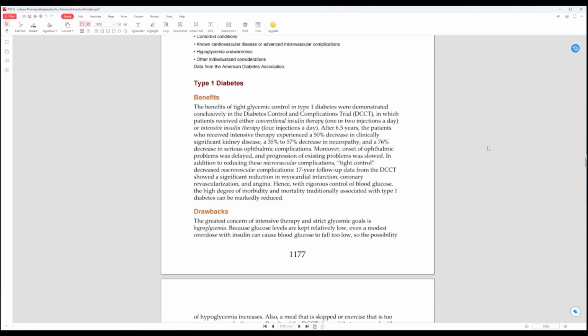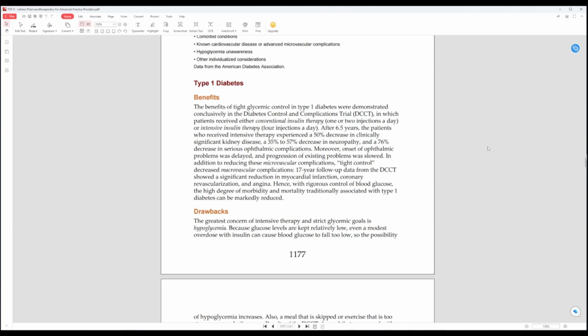After 6.5 years, patients who received intensive therapy experienced a 50% decrease in clinically significant kidney disease, a 35 to 57% decrease in neuropathy, and a 76% decrease in serious ophthalmic complications. Moreover, onset of ophthalmic problems was delayed, and the progression of existing problems was slowed.